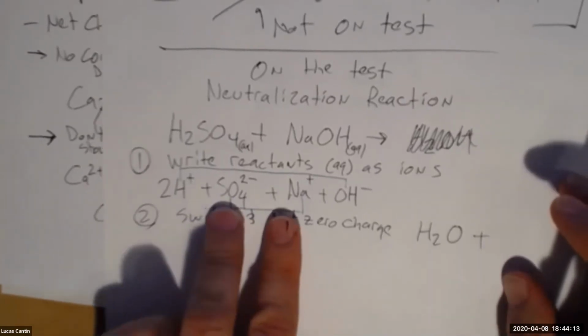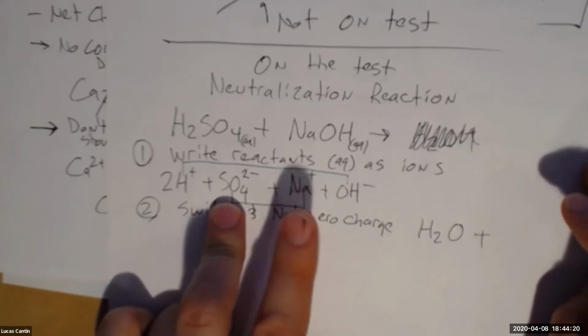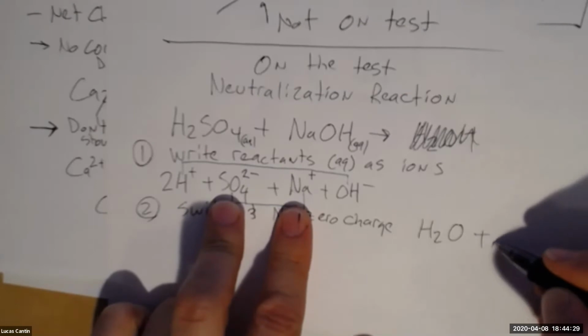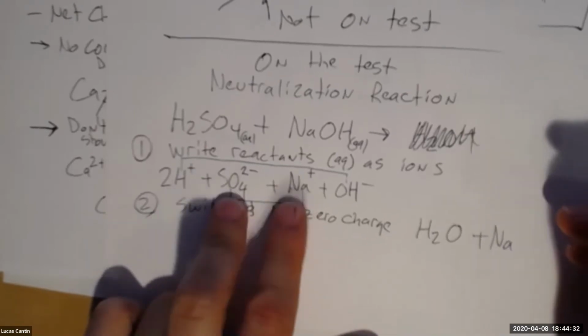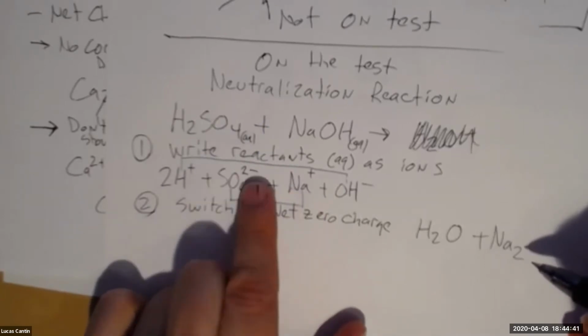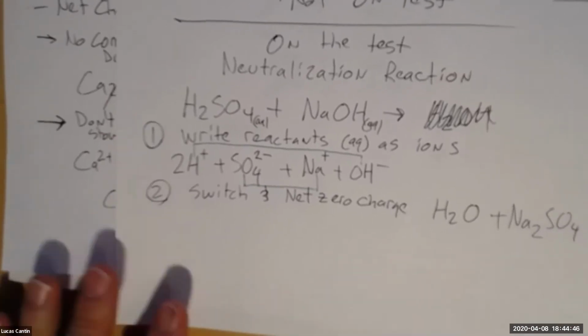And how about this one? Sodium sulfate, a salt. Well, what's the formula for sodium sulfate? Is it just NaSO4? Which one goes on the left? Na2SO4. I'm going to need 2 plus 1s to cancel that 2 minus, and I always want to go cation first, then anion. So it's sodium and then sulfate. Okay, so those are the products.